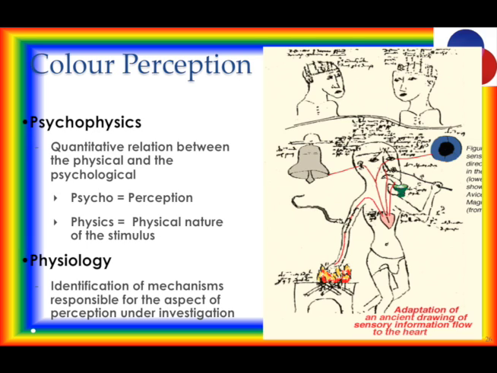So the psycho being the actual perception that we have, and the physics being the physical nature, like the light, the wavelength, the numbers that I've been talking about. That makes it quantitative, the connection between perception and the physical nature of the light. The physiology is about identifying the mechanisms that are responsible for this perception, this vision that we're talking about.